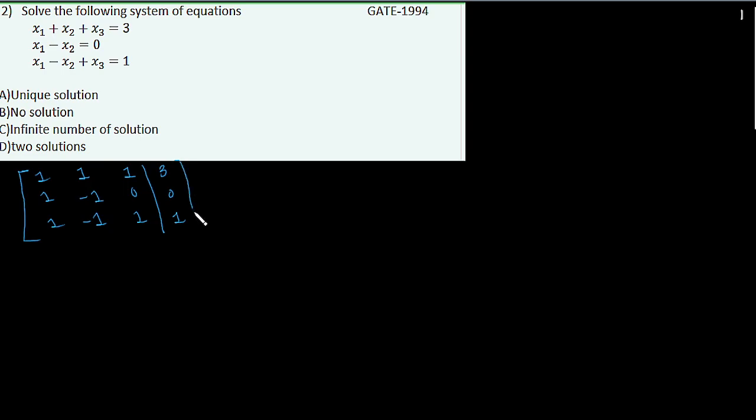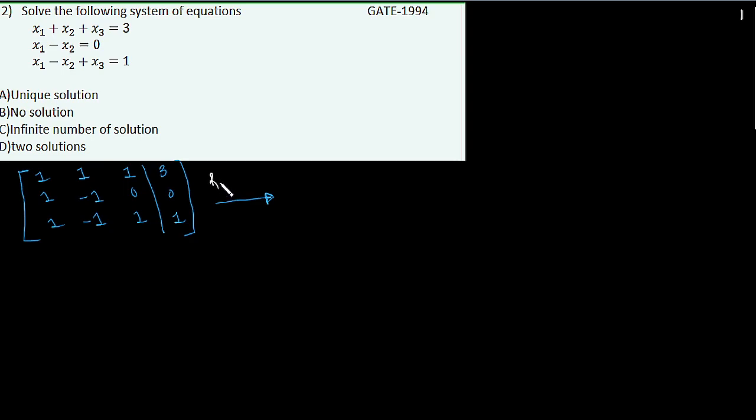Now we have to apply some row operations on this matrix and reduce it into echelon form so that we can find the values of our corresponding variables easily. So let's do some row operations.